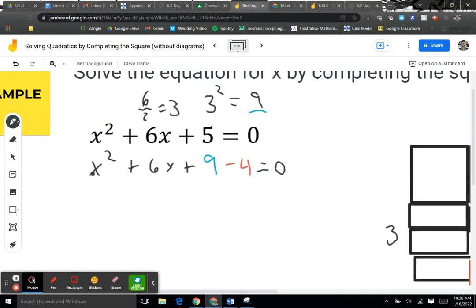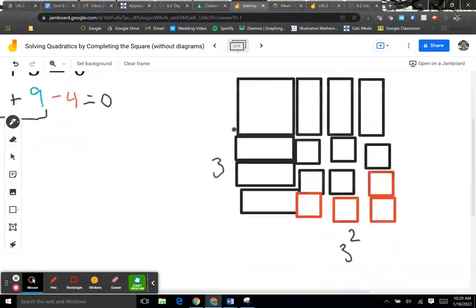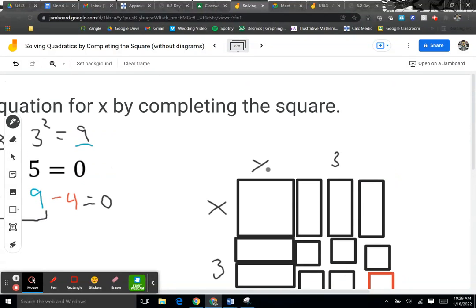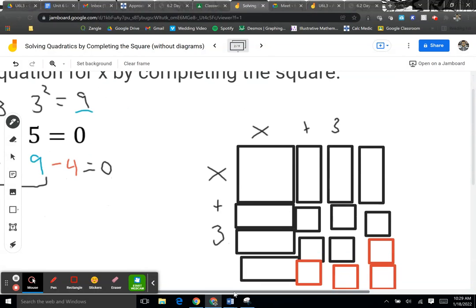All right, and what's again really cool is that this section right here is a perfect square. You know, this length is x, this little length is x. So this perfect square is just x plus 3 squared to get this whole area.